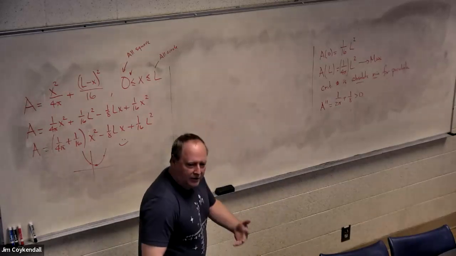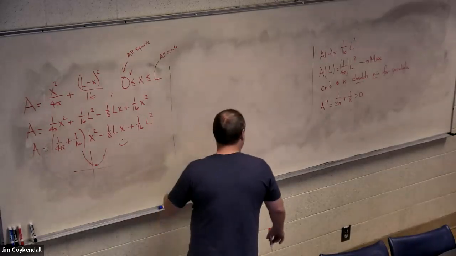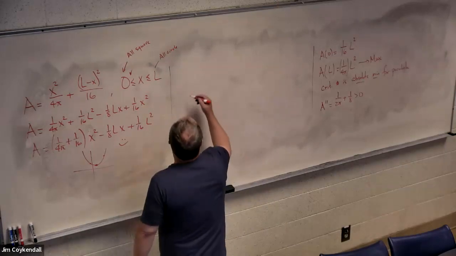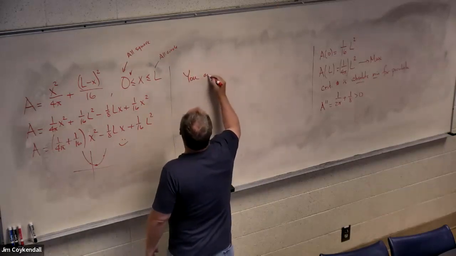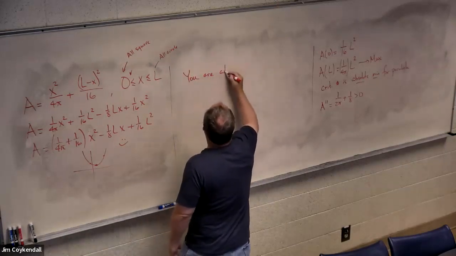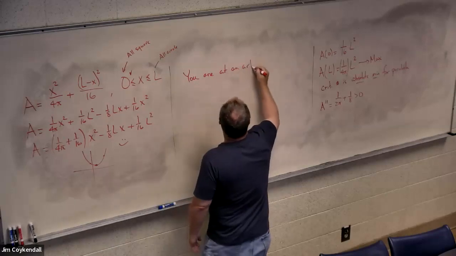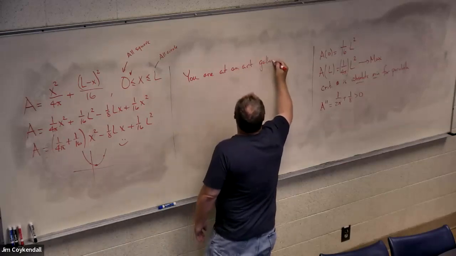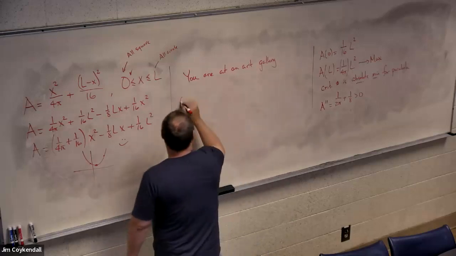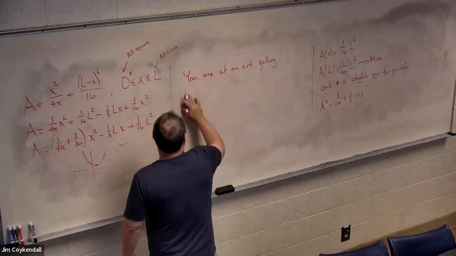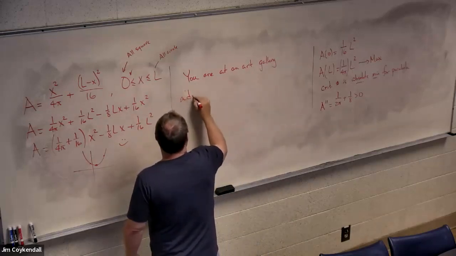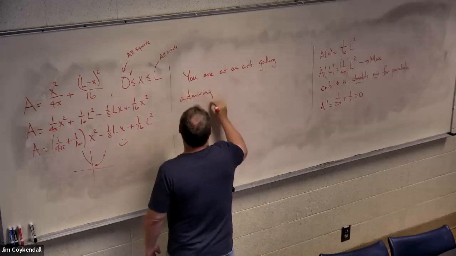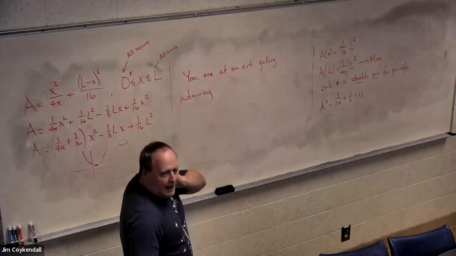So here is a problem that is motivated like this. I'm going to simplify it a little bit. You are at an art gallery, admiring a painting, your favorite Jackson Pollock painting.